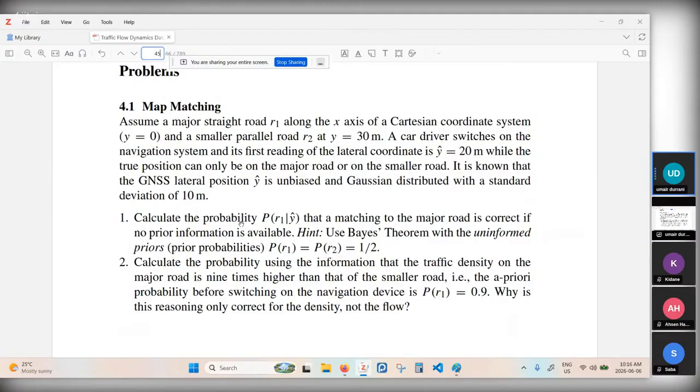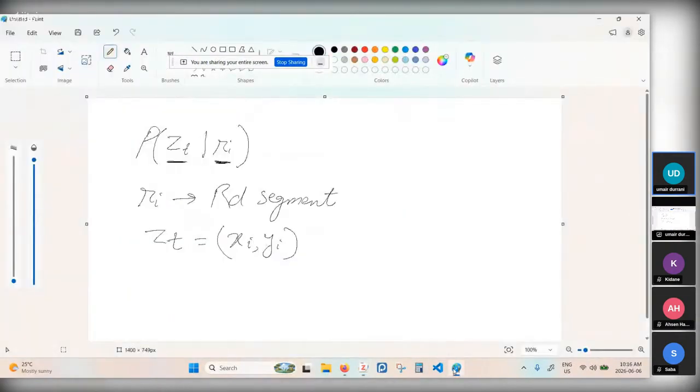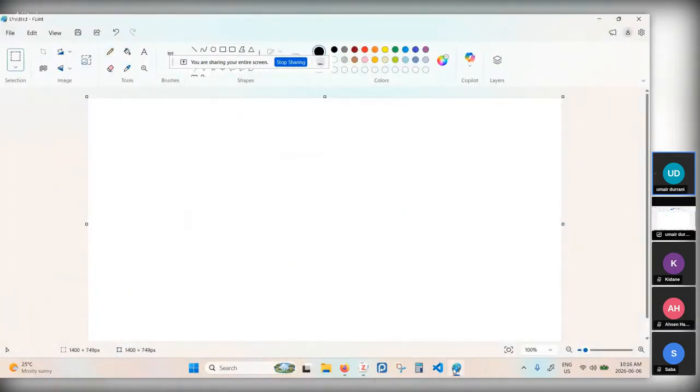So here it says, assume a major straight road R1 along the x-axis of a Cartesian coordinate system, y equals 0, and a smaller parallel road R2 at y equal to 30 meters. Let's try to draw that.